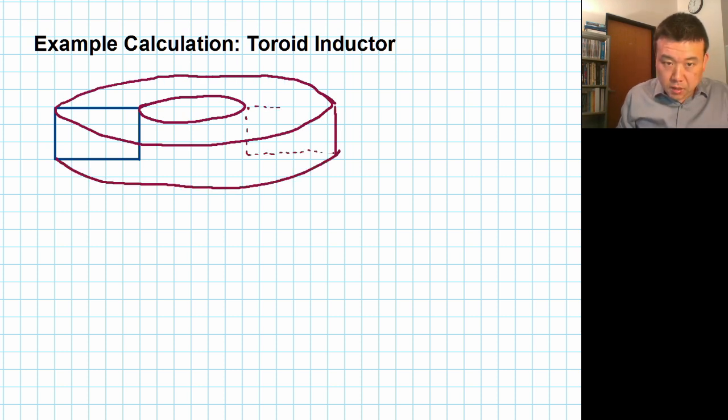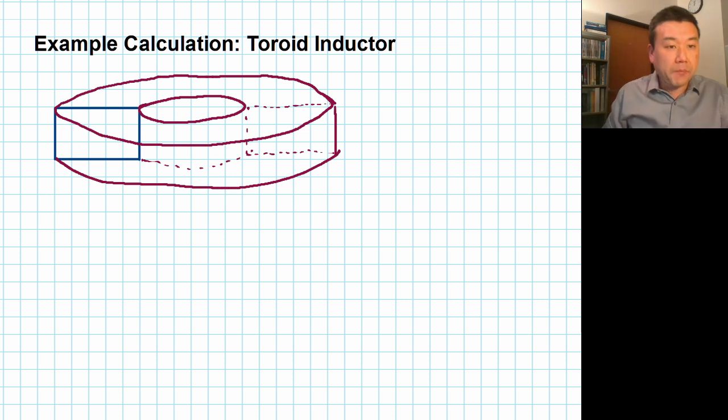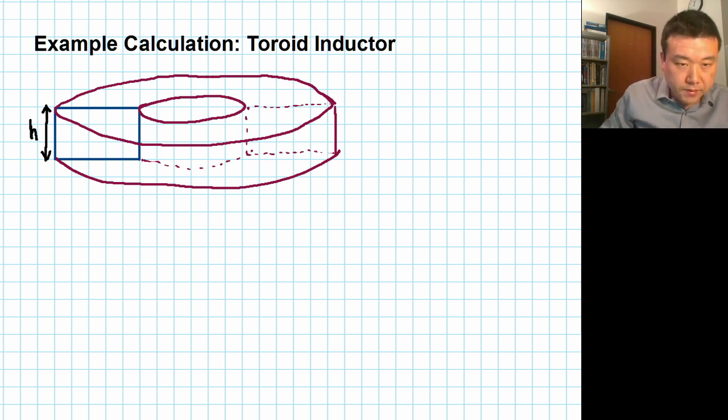There's the same cross section on the right-hand side as there was on the left-hand side. Let me give some parameters of this toroid. The toroid has a height, h, and let me specify the width this way.